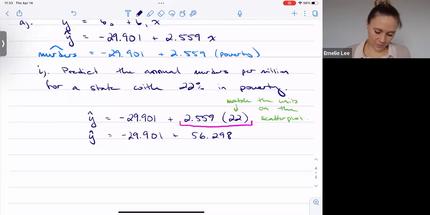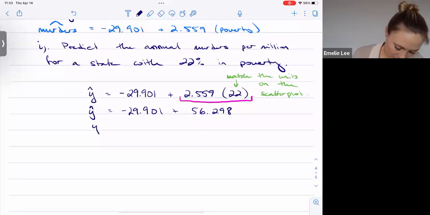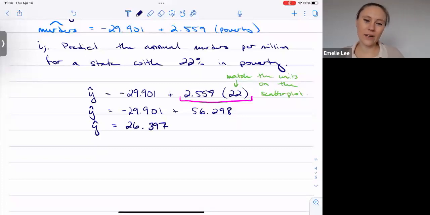Then I can subtract 29.901 and I get y hat is 26.397.